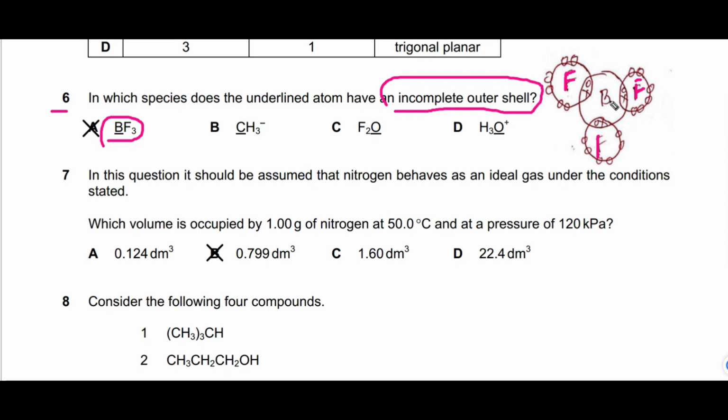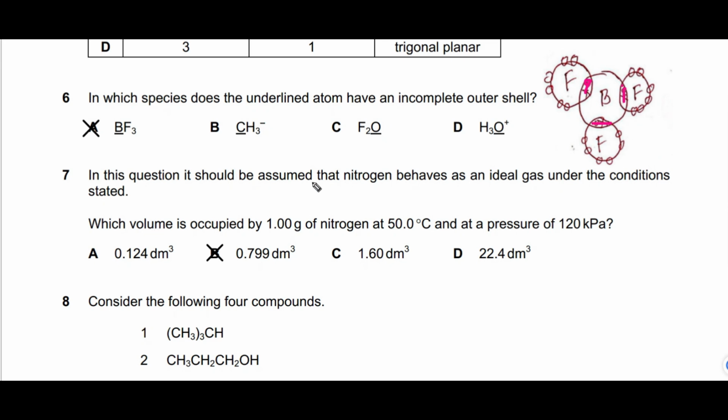Boron is group 3, so there are 3 electrons in its outer shell. 1, 2, 3. So fluorine gives 1 electron. Boron has 1 pair, 2 pair, 3 pair. Only boron has an outer shell with only 6 electrons.